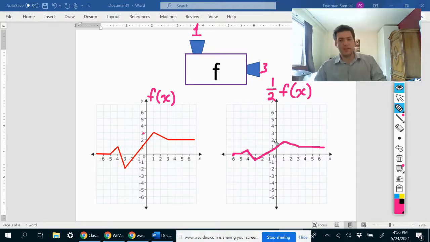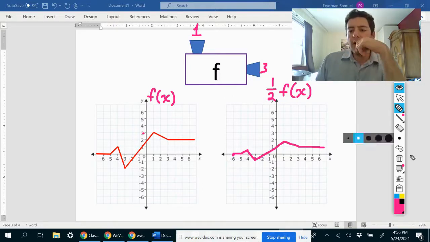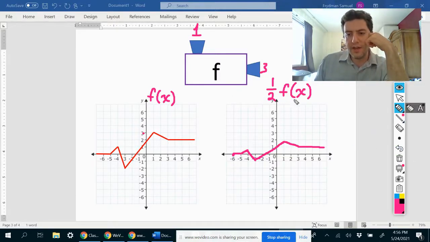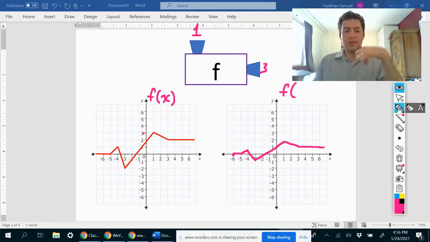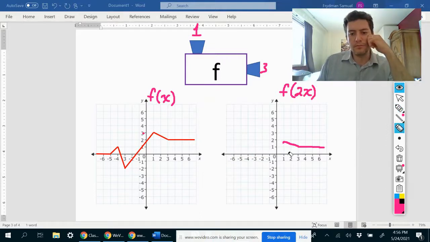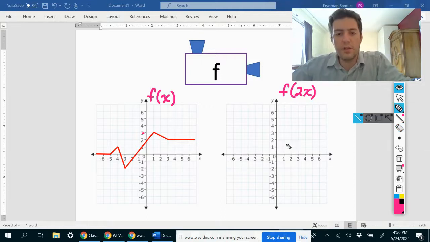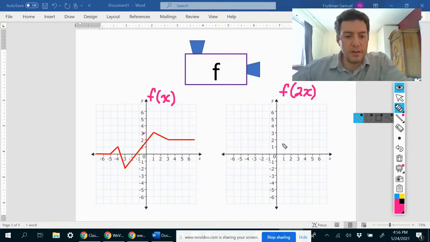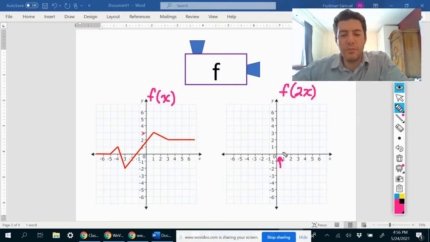All right, so this is the last thing that we need to talk about. What if we had, instead of a 2 or a half on the outside here, what if we put it inside in the argument? Let's start with 2. All right, let's say that x was a half, 0.5.